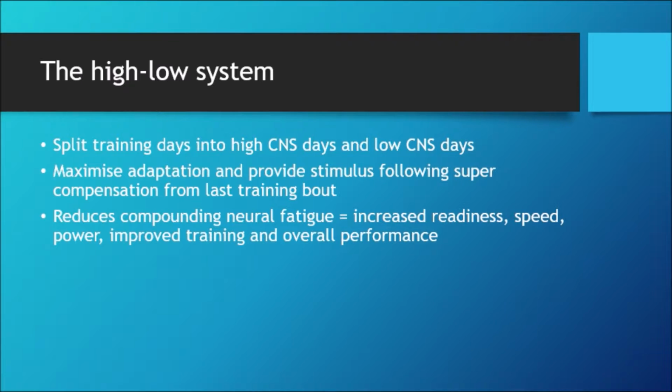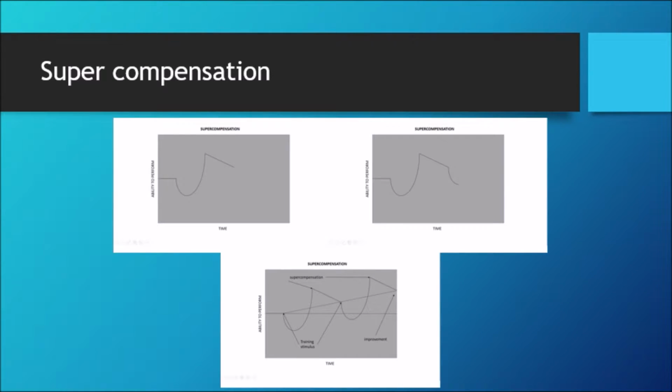Now, the way to illustrate the supercompensation aspect that we just spoke about is what we've got here in these figures. As you'll see in the first figure at the top left, our readiness to perform, or our ability to perform, is traveling along in a linear straight line fashion.